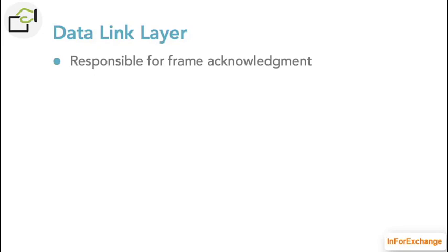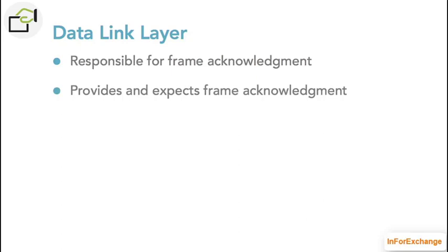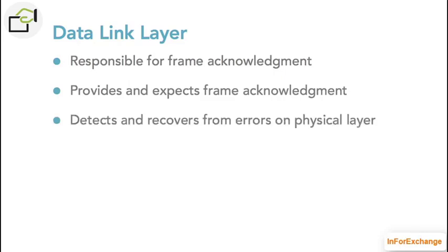The Datalink layer, when it transmits a frame, expects acknowledgement to be sent to it. By the same token, when the Datalink layer receives a frame, it in turn provides acknowledgement back to the node that sent the frame in the first place. The Datalink layer is also able to detect and recover from errors on the physical layer of the OSI model.